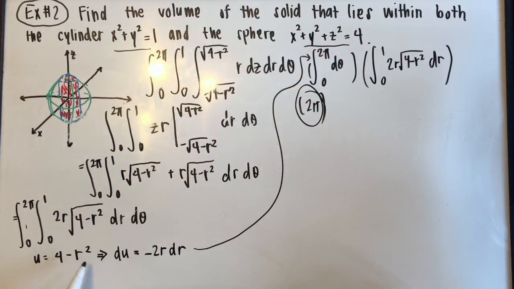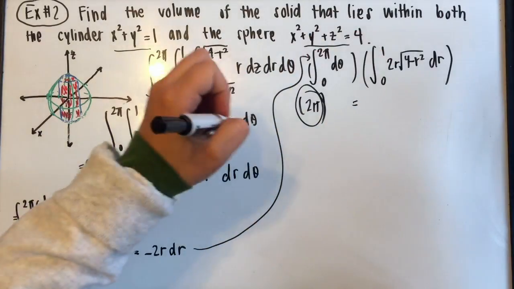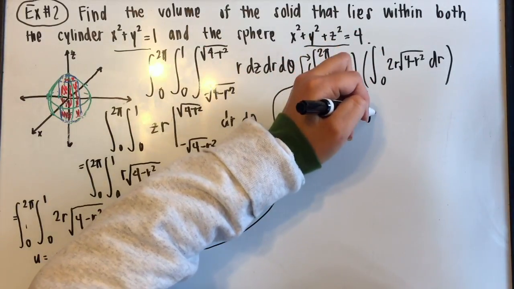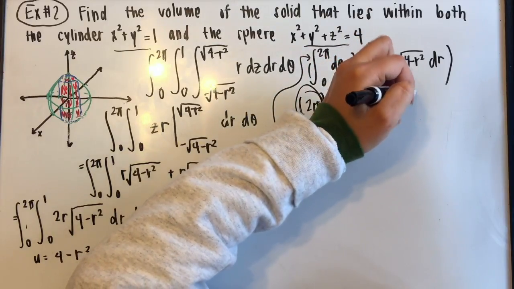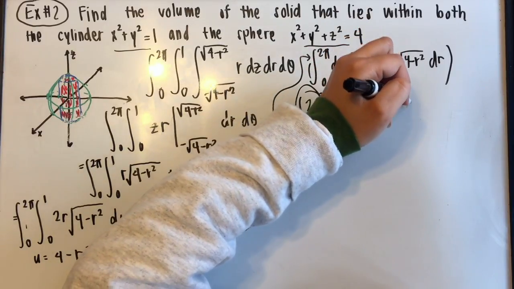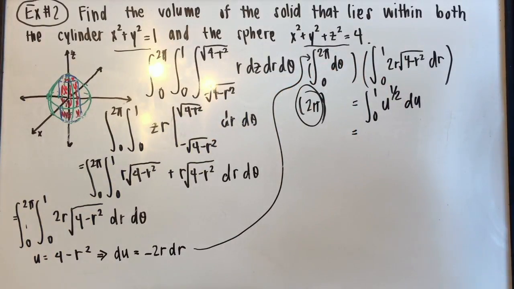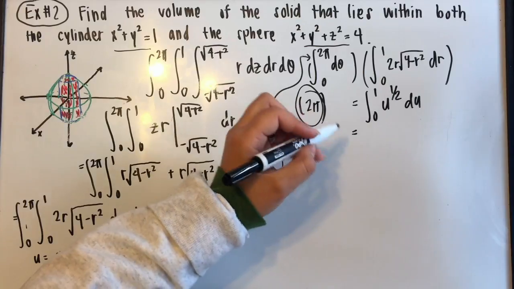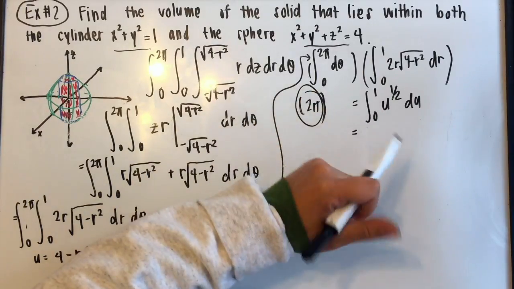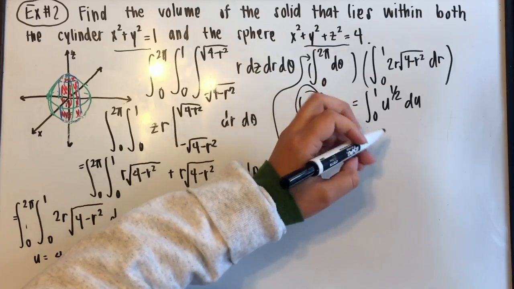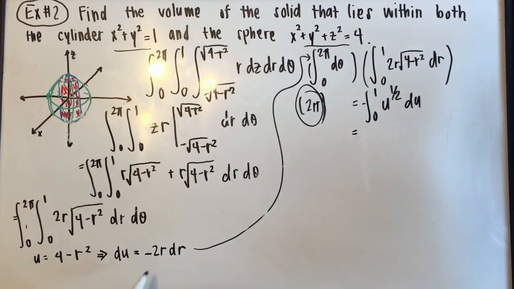So we said that u equals 4 minus r squared. So we plug our u in here, so we get from 0 to 1, u to the half du. Okay, so integrating that. Remember, that's -2, so let's not forget the negative from here.